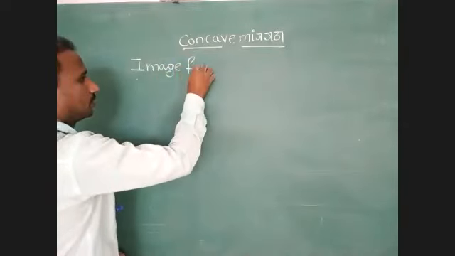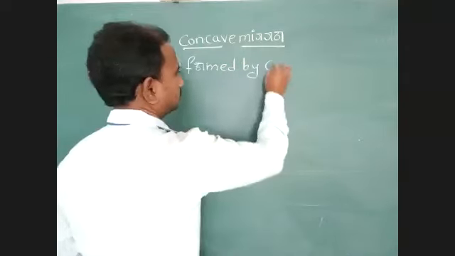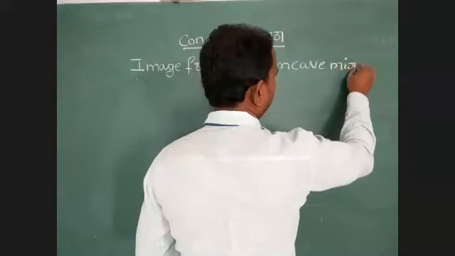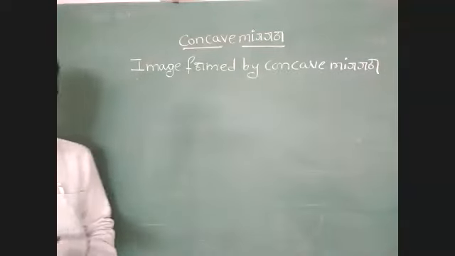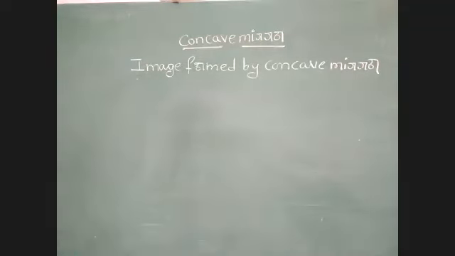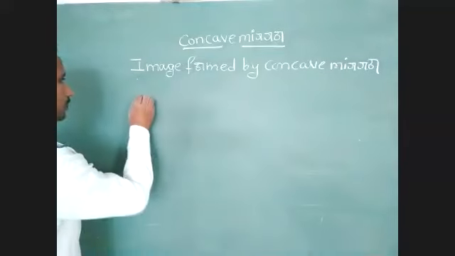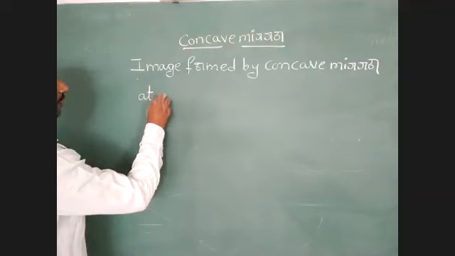Okay, students, now we are discussing the image formed by a concave mirror. First we have to consider the position of an object at infinite distance. So identify that position. Where is that position? At infinity.